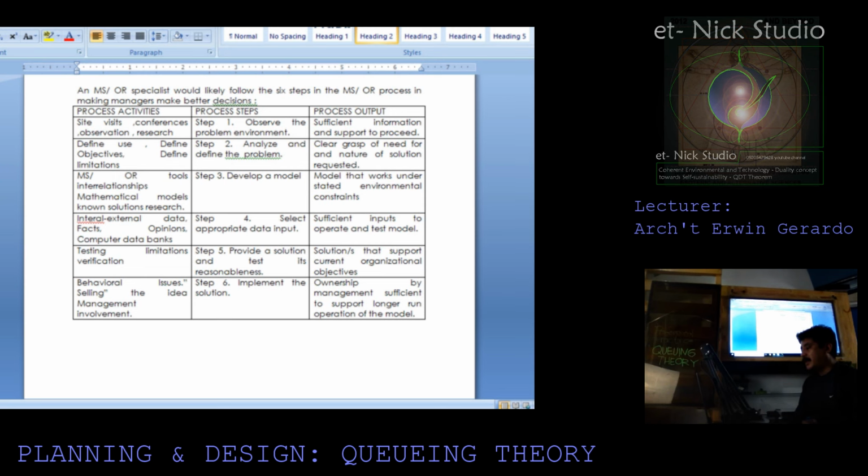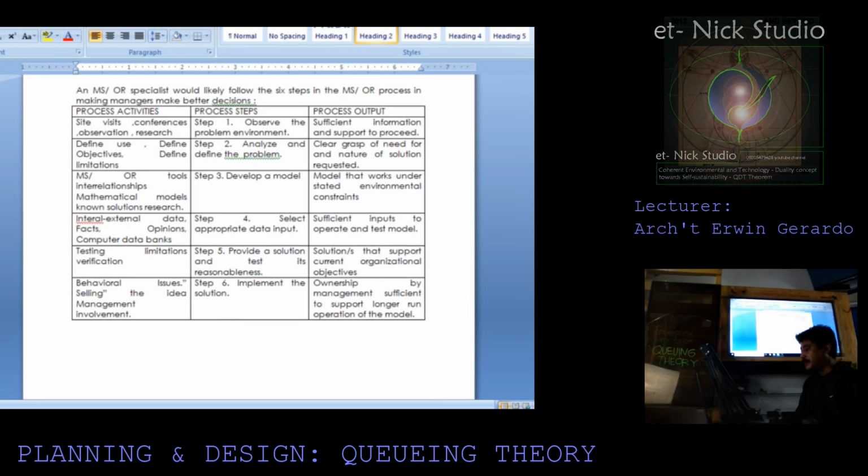Under the process activity, whether it is operational research or MS, the interrelationships, you need to utilize mathematical models and known solutions to approach the research. Under the 3rd process step, you need to adopt a type of model. So you need to develop a model here.